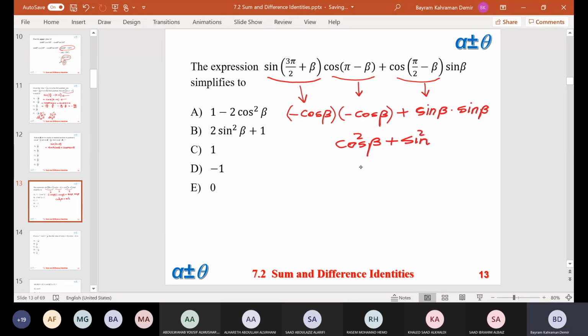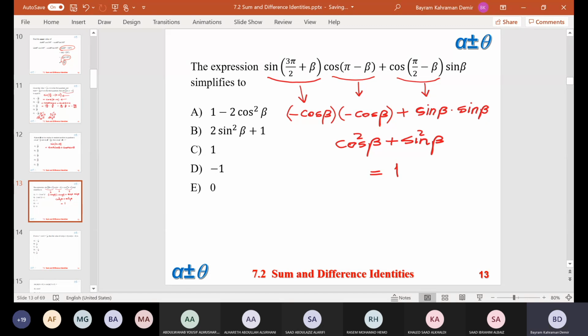Doctor? Yes. Can you explain the first two steps of sine of 3 pi over 2 plus theta? Use the sine A plus B formula, Shabab. Do you remember that? Yes, but how did we get negative cosine? Just write it and you will see that.